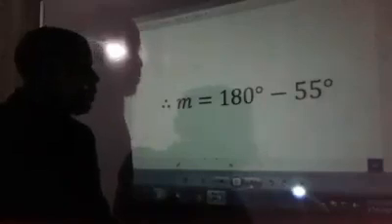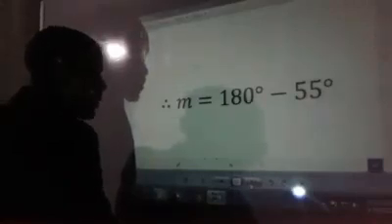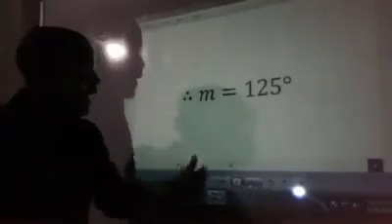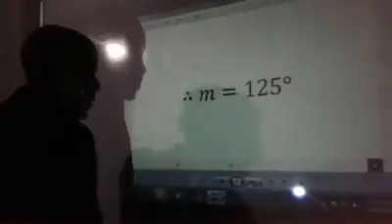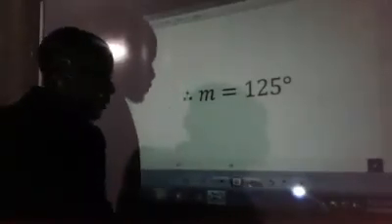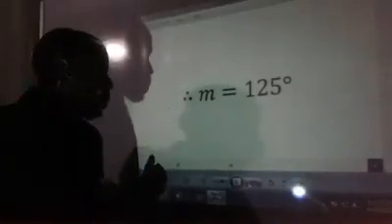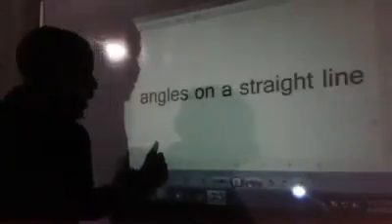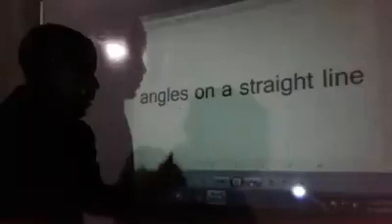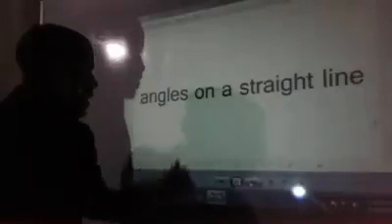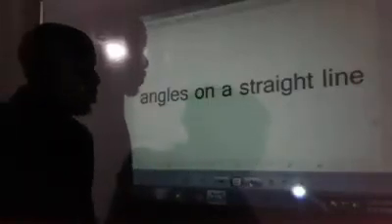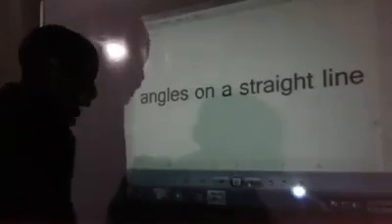So angle M is equal to 125 degrees. We have found the first angle. Moving along, this is our reason: angles in a straight line. You get a mark for that also. Never leave that one behind.